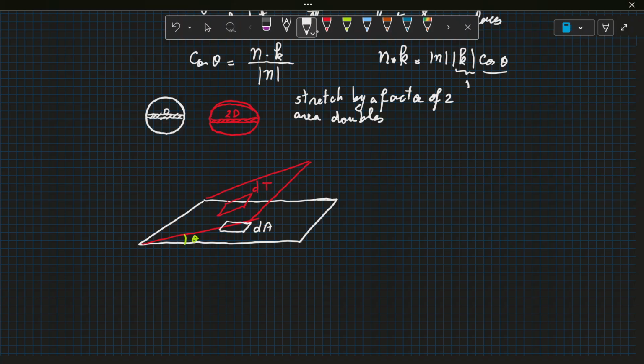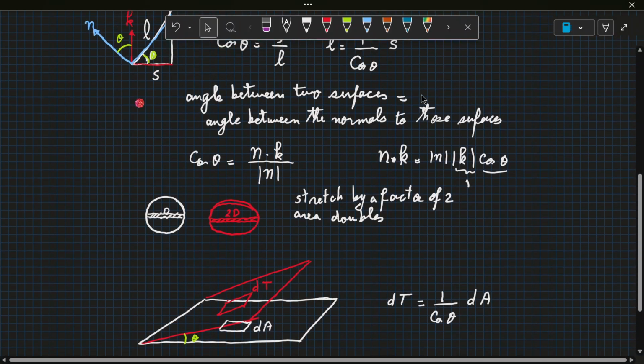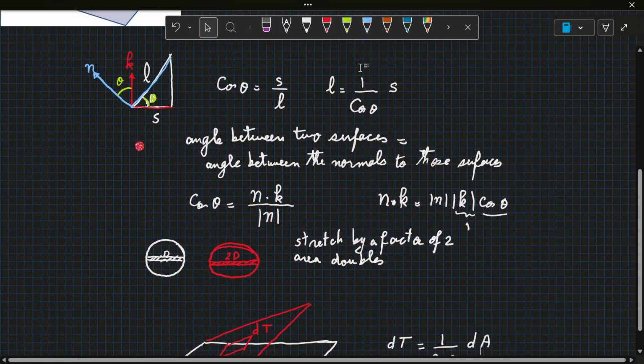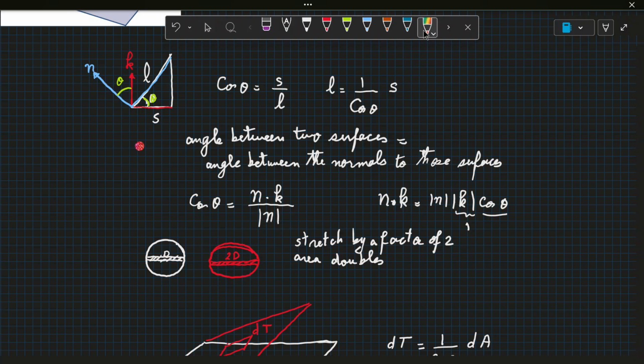So the element of area on the inclined plane is 1 over cosine of theta times the element of area on the xy plane. This comes from the same relationship as before, because each length in the red one has been stretched by a factor of 1 over cosine theta, and therefore the area is also stretched by the same factor.